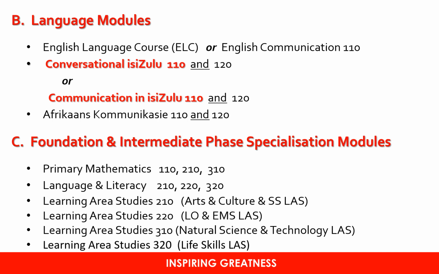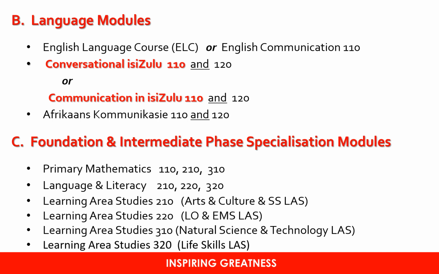So if you registered and started your degree after that policy came into effect, then it means you have to have either conversational isiZulu 110 or communication in isiZulu 120. So one of those would have to be in your qualification, regardless of whether or not you did the Afrikaans modules instead.